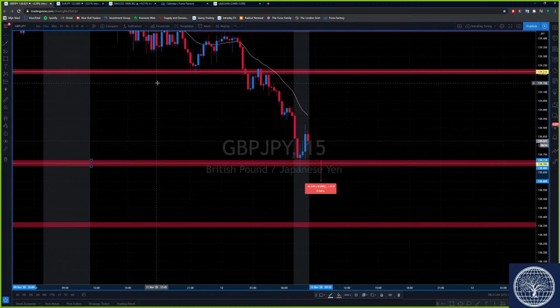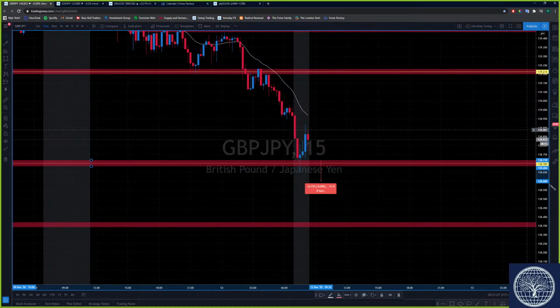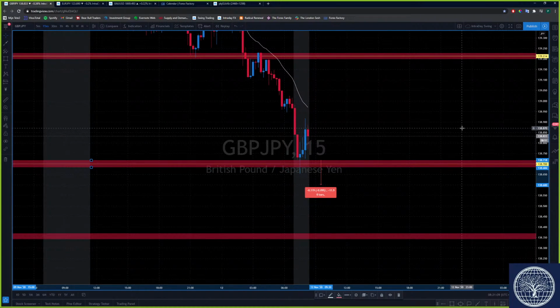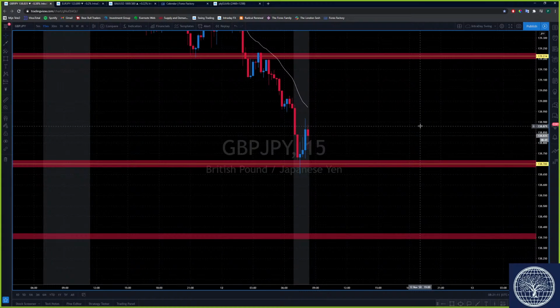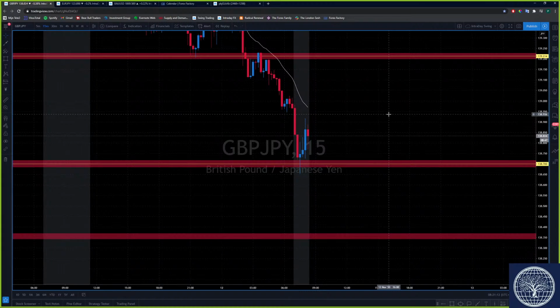True. I think it's very risky because if you're taking a sell with a sell limit, the first thing is where's your stop loss going to go? And the second thing is that candles are going against you.